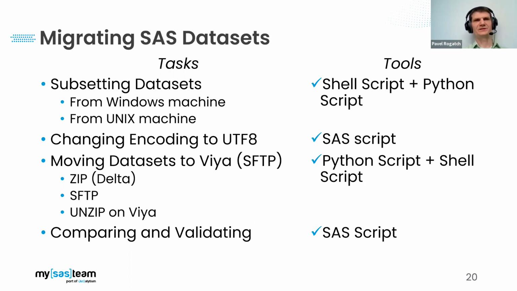We used a SAS script to compare the SAS 9 dataset with the new migrated dataset, which was already in UTF-8 and on the new platform. So this is briefly about the process that we automated, the process of migration of code files and datasets, and Oksana will talk about the next step.